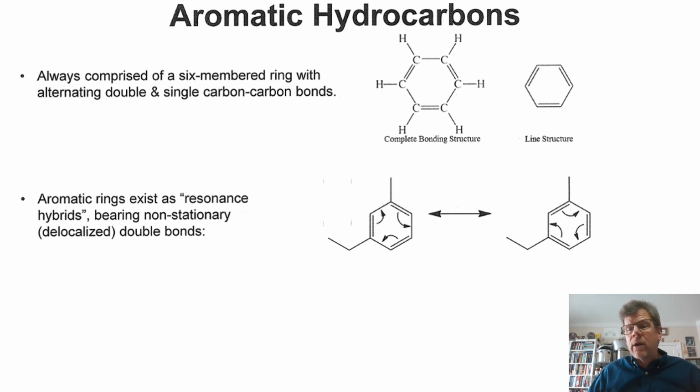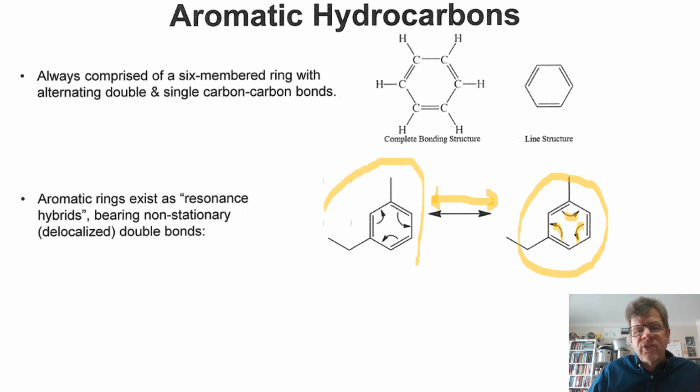It doesn't matter where we place the double bonds within that aromatic ring, as long as they are alternating, double, single, double, single. And you'll notice in this case that we have this back and forth arrow right here. As soon as we flip our double bonds and get over to the product, or this rendition on the right, they flip again, as shown here, and we end up with the rendition on the left.